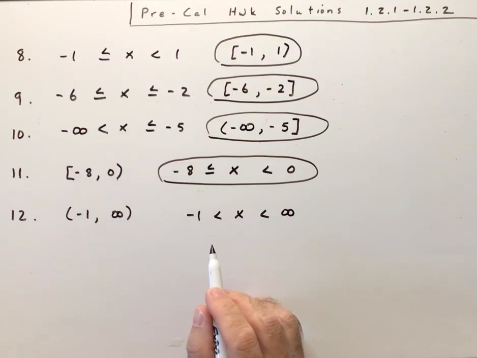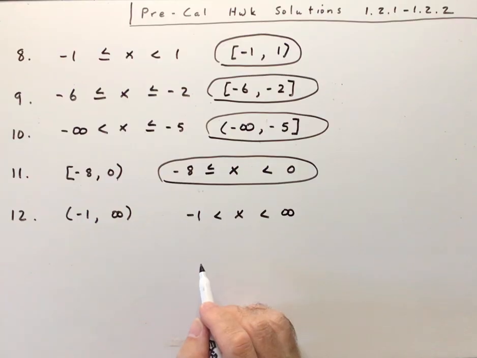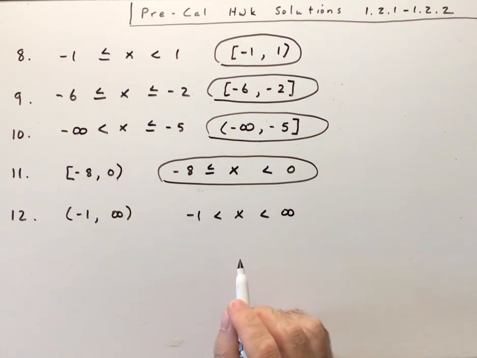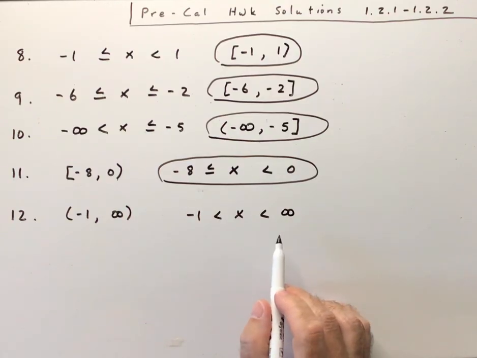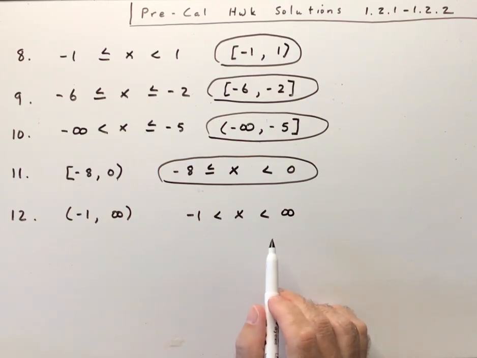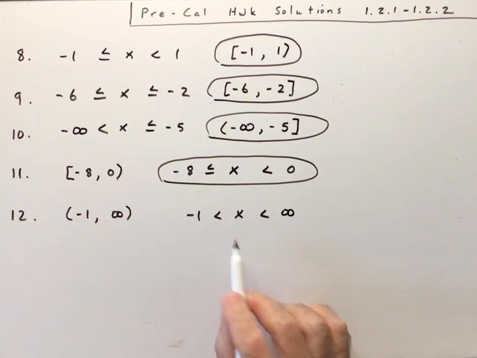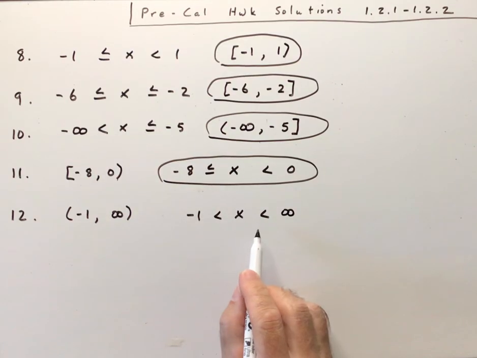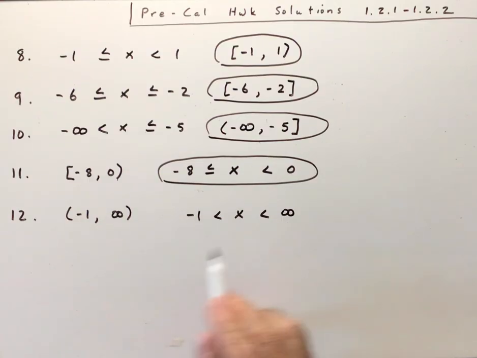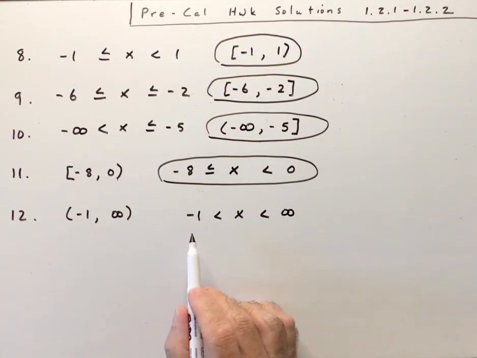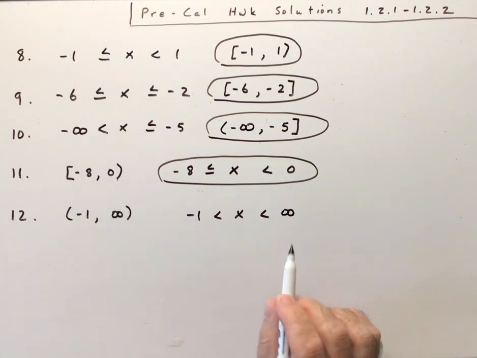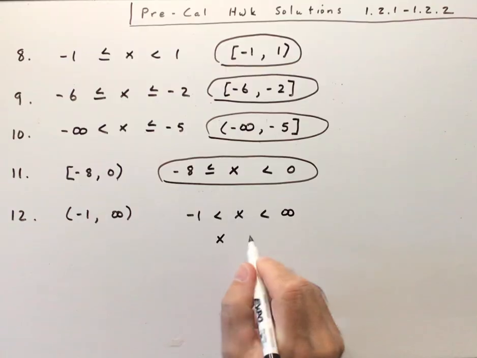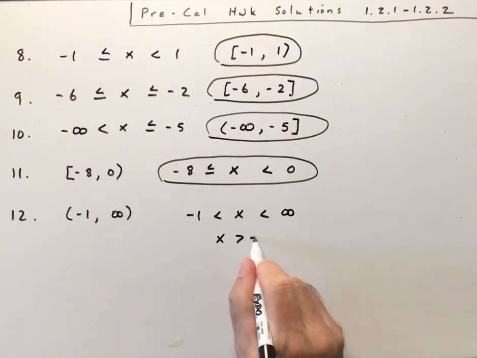Okay, so that is one way to do it, but there's a better way to do this. We can go a little simpler here. I would accept this, by the way, but what's a way to do this in a shorter way? So we could go, how about x is greater than -1?